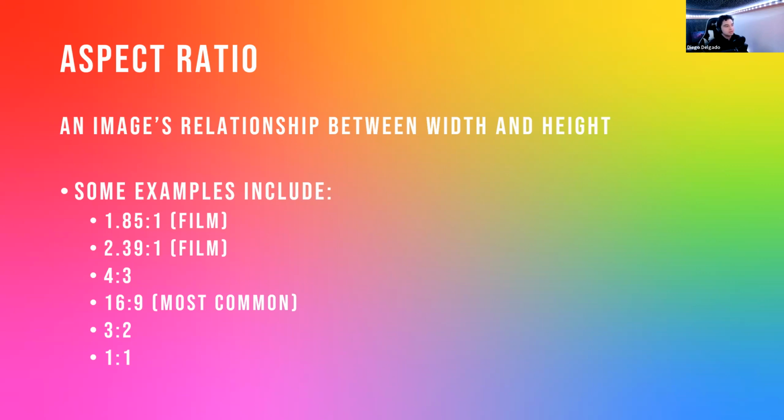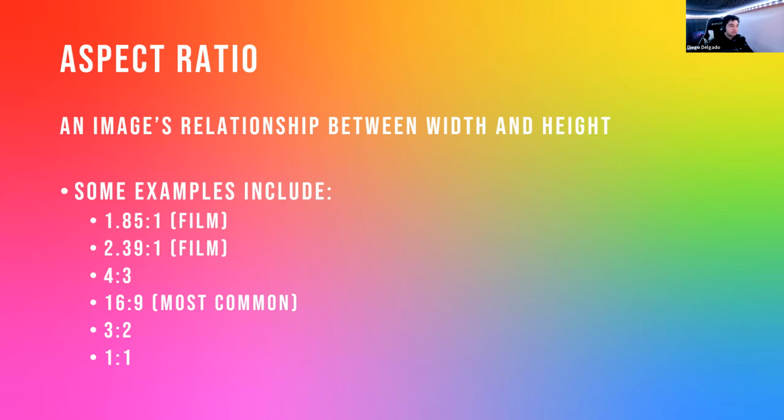You'll see that 1.85 to 1 and 2.39 to 1 are mostly used in film, like physical film, like there's a roll of film in your camera. And the others are more common in digital, with 16 by 9 being the most common. You'll see 1 to 1 really common on social media. I'm pretty sure Instagram is the main one that has a perfectly square media size.